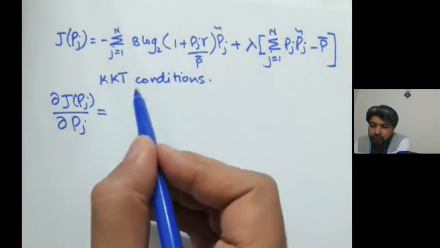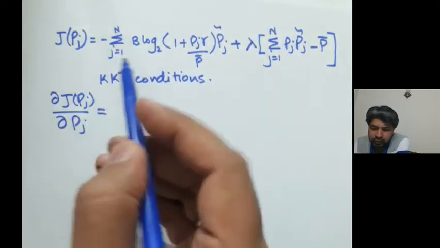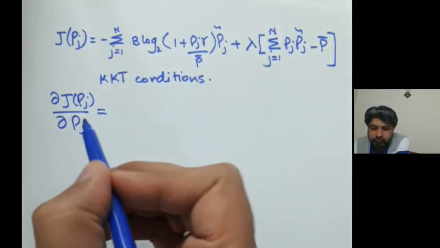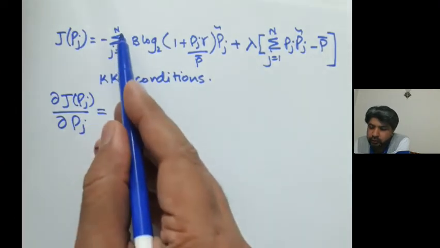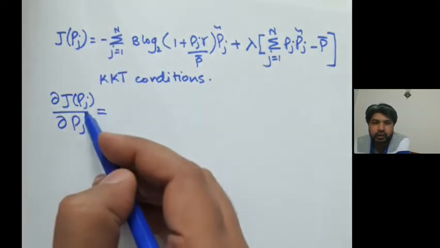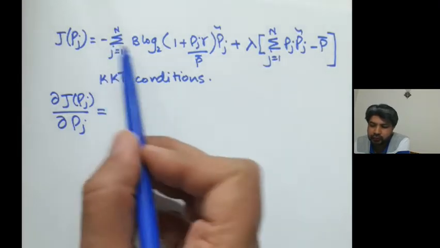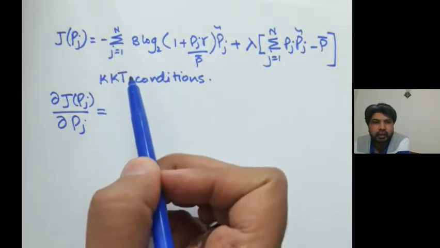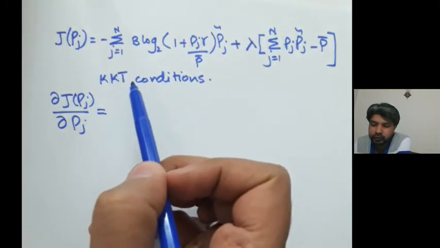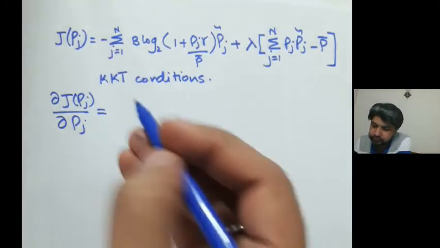Here the j was varying from 1 to N, but now you have fixed j. Hence, out of these N different variables, you would have only one term that would be non-zero. For all other values of j, that would be equal to 0.